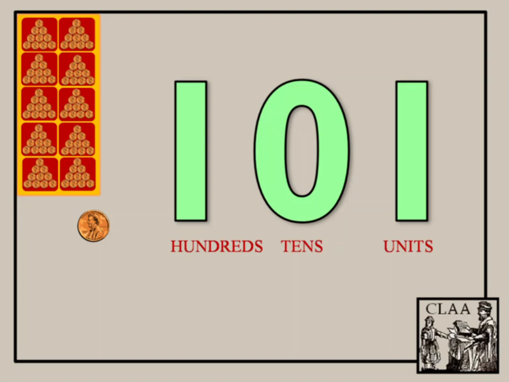There are 100 pennies in the gold box, but there's 1 penny left over. So here we have 101 pennies. The number 101 is written with a 1 in the hundreds place, a 0 in the tens place, and a 1 in the units place.